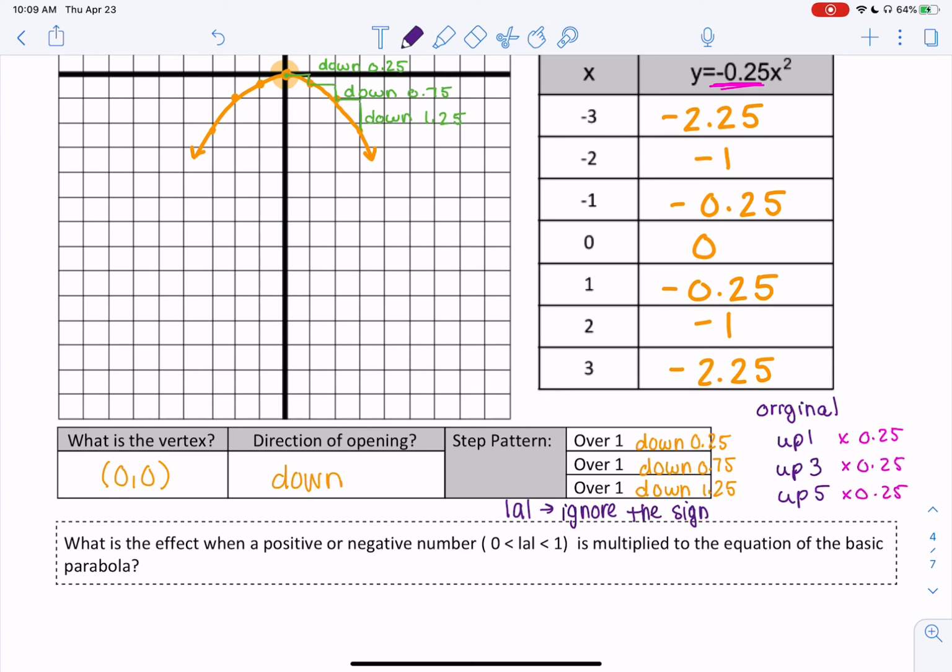So if our absolute A is bigger than 1, we have a stretch. If our absolute A is between 0 and 1, we have a compression.